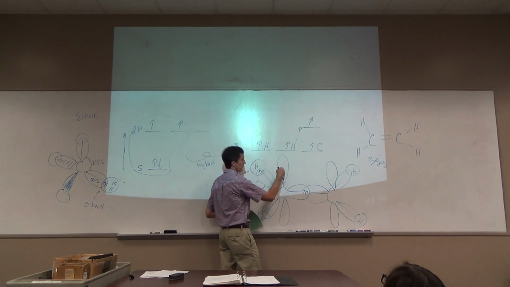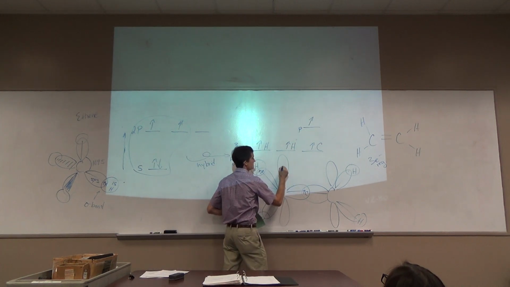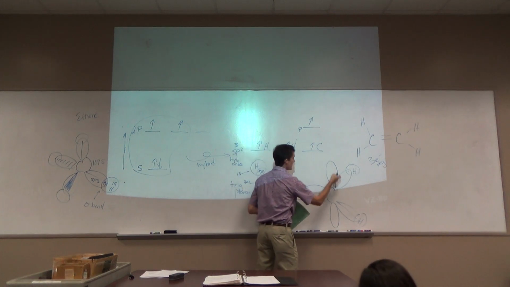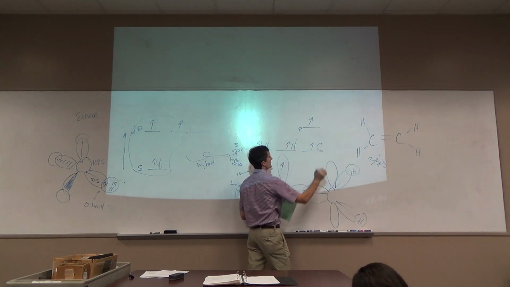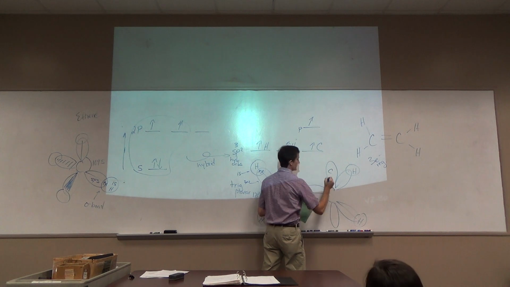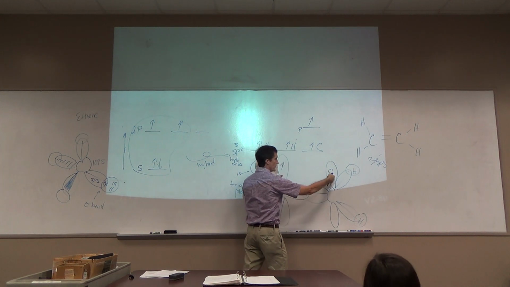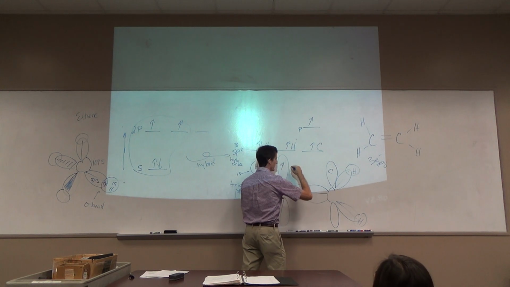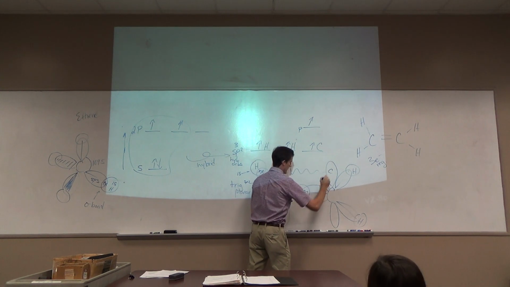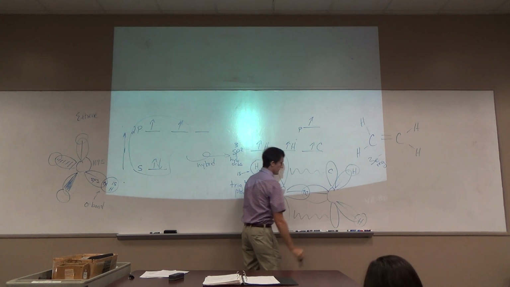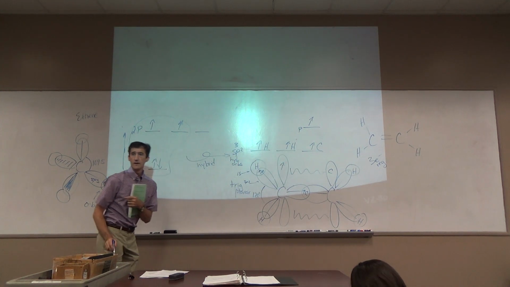So, this carbon has one electron in the p orbital, right? Well, the other carbon also has one electron in its p orbital. I'll call it a C instead of an arrow, whatever you want to do. But guess what? These two orbitals, one electron each, interact. How are they going to interact? Well, trust me, they can interact.